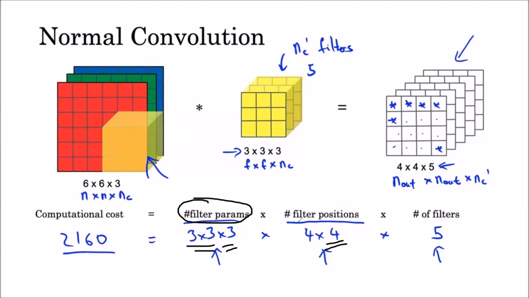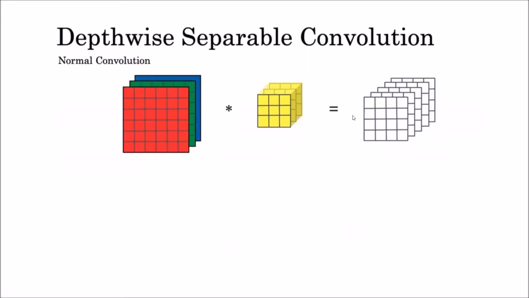It can be 4 by 4, which can also be written using the output. The output gives the filter positions, and the number of filters we are using is 5. So totally, the computational cost we get is 2160.